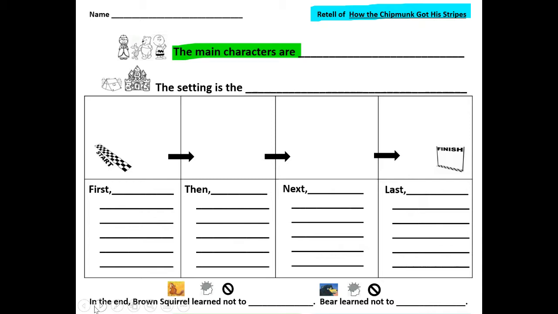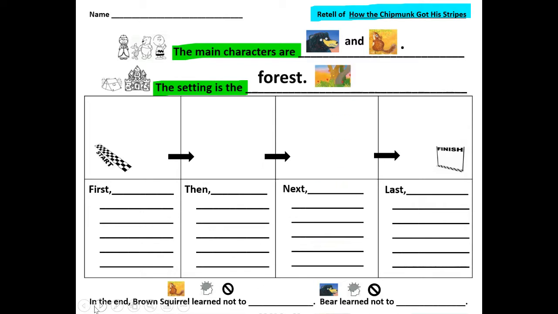The main characters are Bear and Chipmunk. The setting is where does the story take place? The setting is the forest.